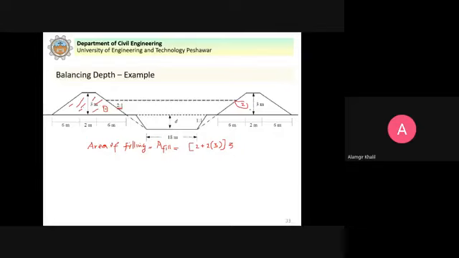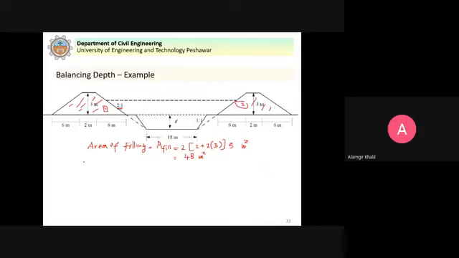Now for the second one, because of the same dimension, we simply multiply this by 2. Now we just need to simplify. This will be again square meter. So 3 twos are 6, 6 plus 2, 8, 8 into 2, 16, multiplied by 3, so 48. So this is 48 square meter.